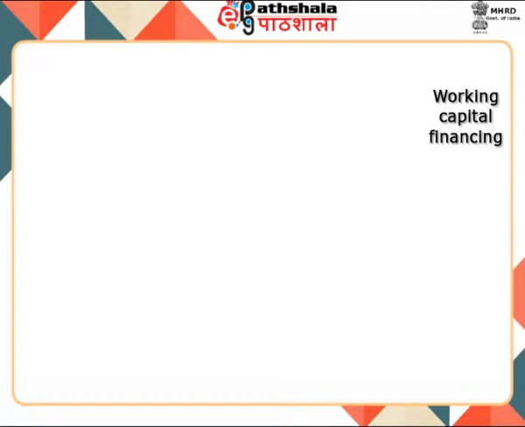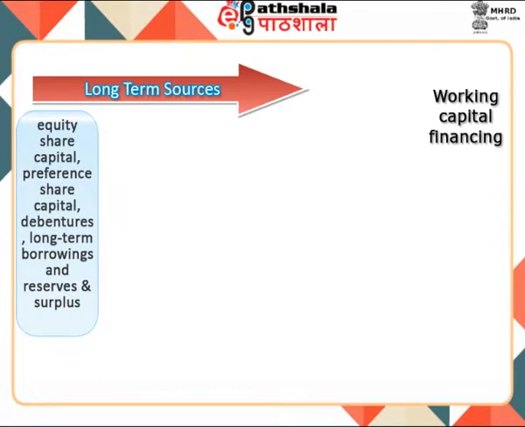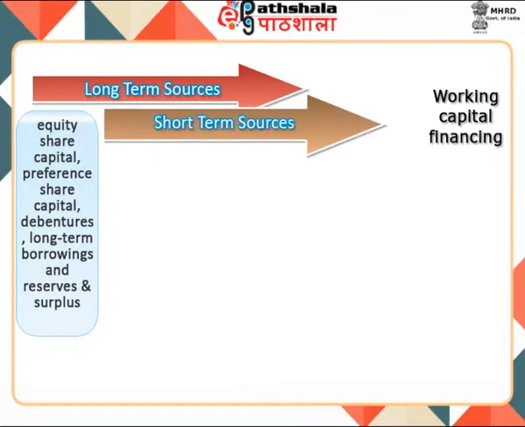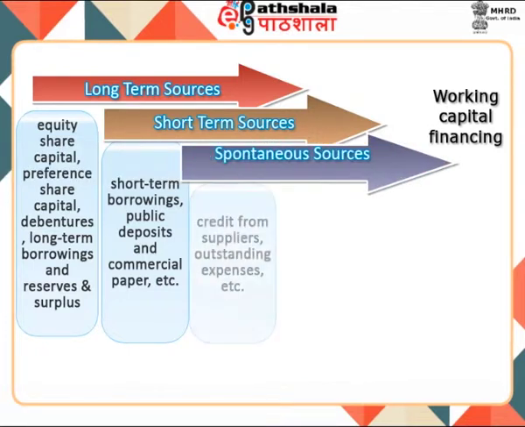Basically, the sources are namely long term, which are for more than a year, for example, share capital, debentures, long term loans, etc. Short term sources, which are granted for less than a year, for example, short term loans, public deposits, etc. And spontaneous sources, which are not specifically taken but eventually arise in the course of business, like creditors, outstanding expenses, etc. A firm selects any of these three sources to finance its working capital.